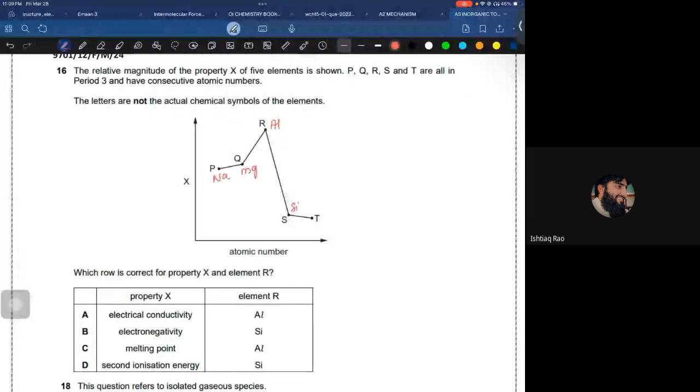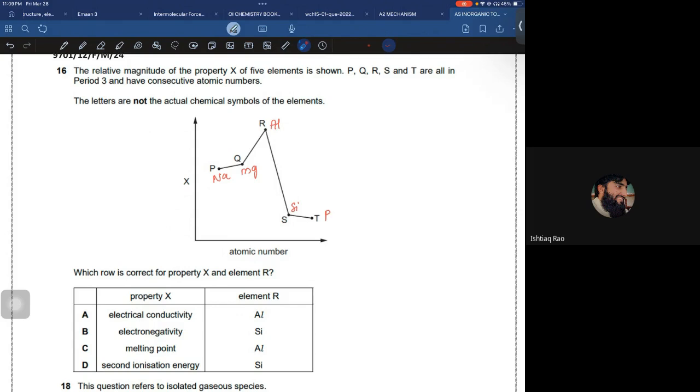Let's say this should be electrical conductivity. So is this graph matching for the electrical conductivity? Sodium has one valence electron, magnesium has two valence electrons, aluminium has three. And these are metals. Metals are good conductors of electricity, as compared to metals, non-metals are bad conductors.